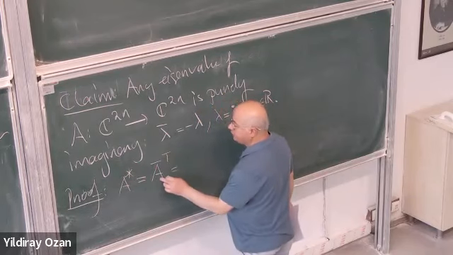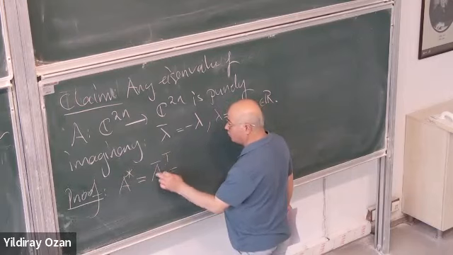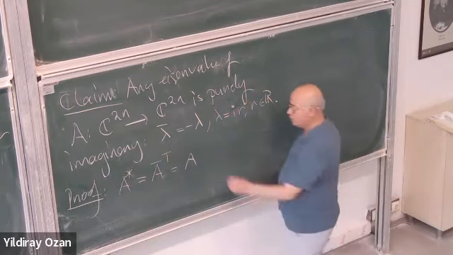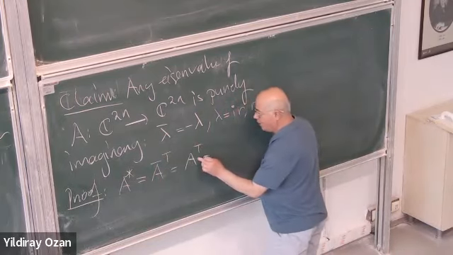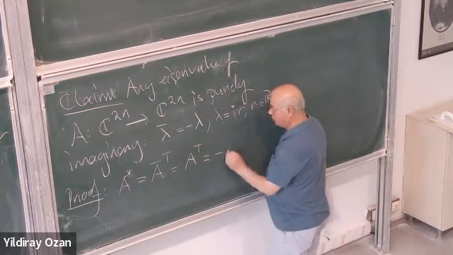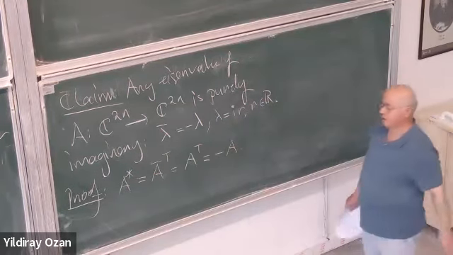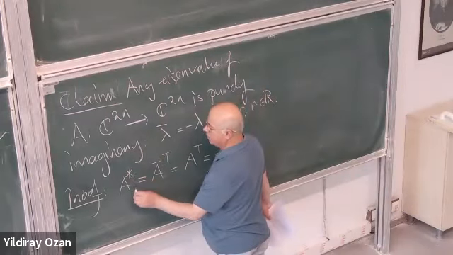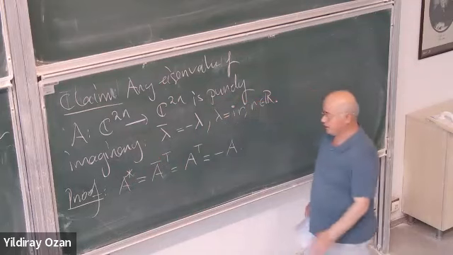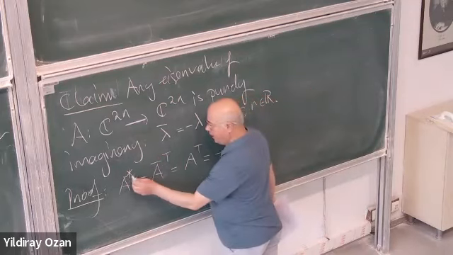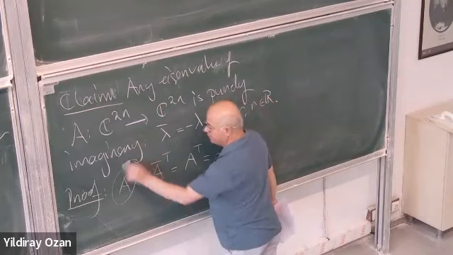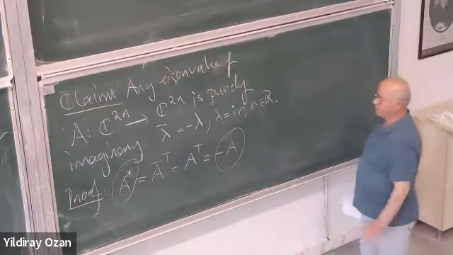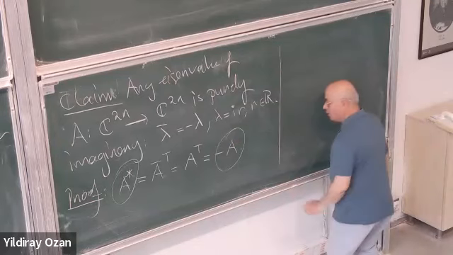A is a real matrix, therefore its conjugate is itself. Entries of A are real, so this is just A transpose, but A is skew symmetric, therefore this is equal to minus A. So as a complex operator, it is not self-adjoint, and indeed A star is just minus A.